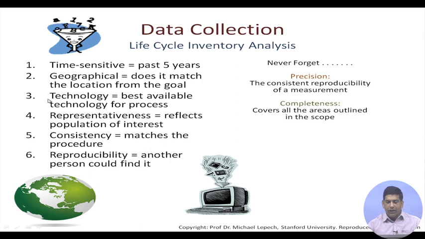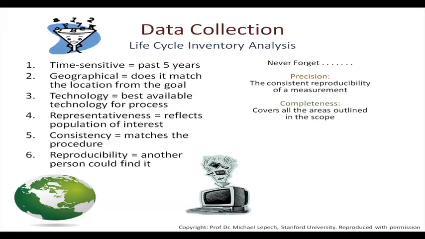Then you try to find out the technology, the best available technology for the process. So what does that mean? Say you are trying to compare two different products, and for that particular product try to use the best available technology in the market, so that you are not being biased. Usually older technology will be less environmentally friendly, may not be true in all the cases, but these days as we are trying to go for more pollution prevention and green engineering, most of the companies are trying to have better technologies out there.